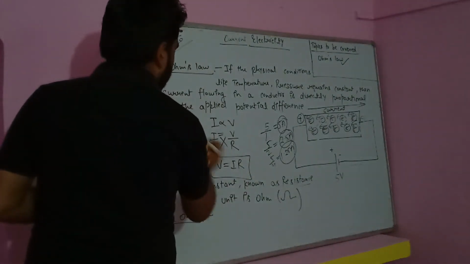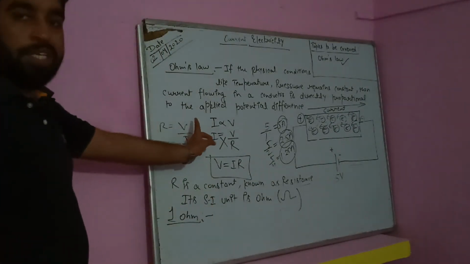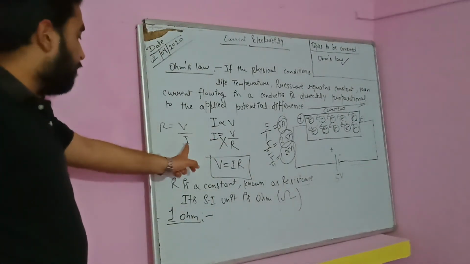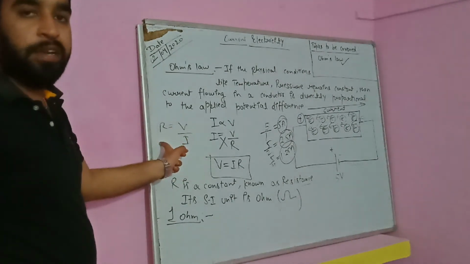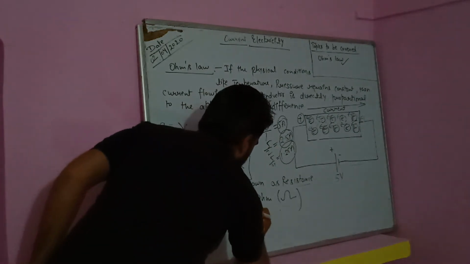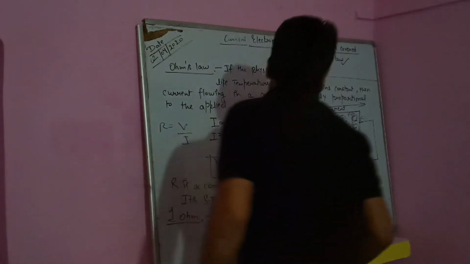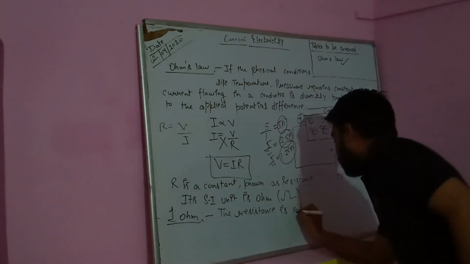R is actually the ratio of V and I. So where the potential difference is 1 volt and current is 1 ampere, the resistance will be 1 ohm. So the resistance is said to be 1 ohm.